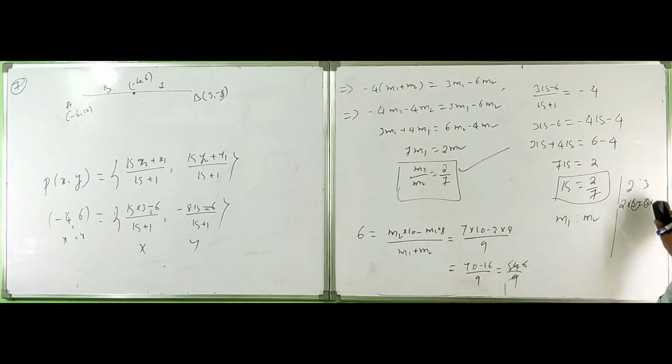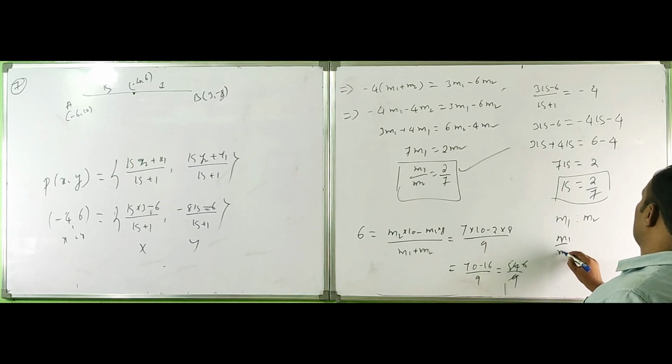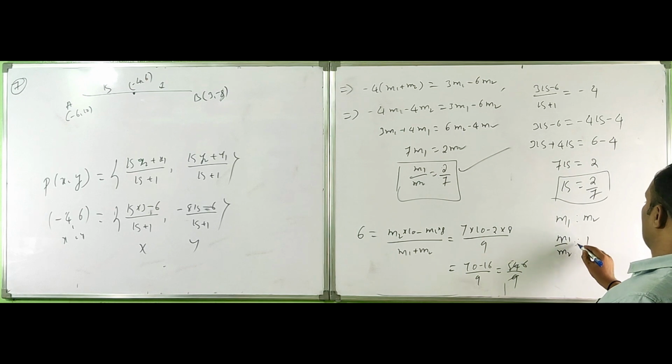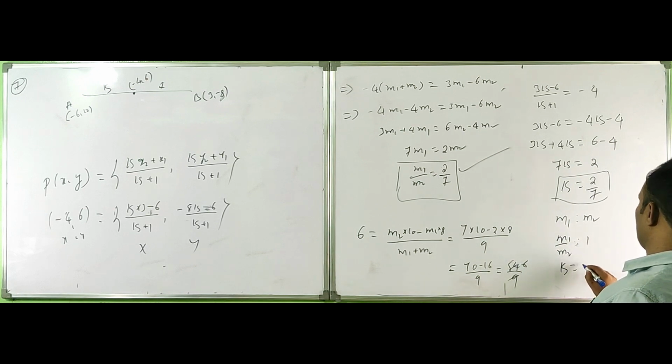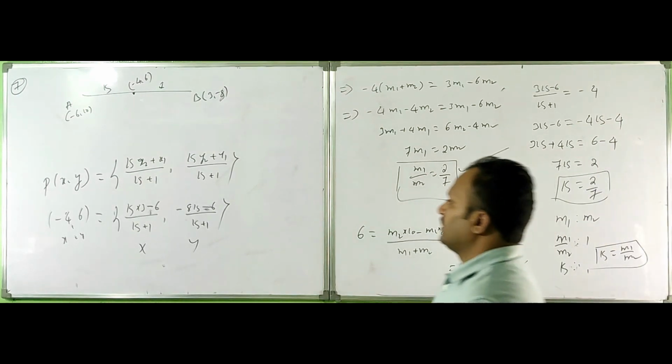Something here causes confusion. This can be written as m1 by m2 is equal to 1 is to 1. So they take k is to 1, where k is equal to m1 by m2. But that condition is not coming here, right?